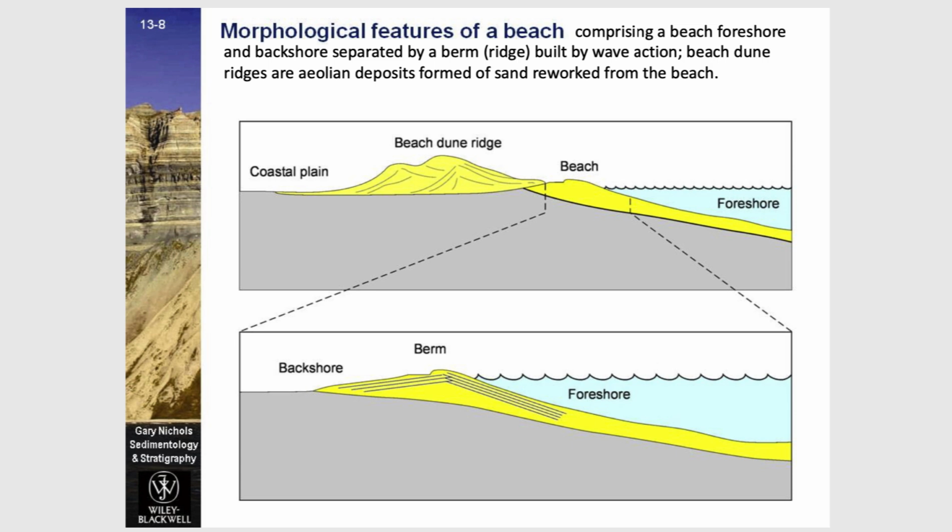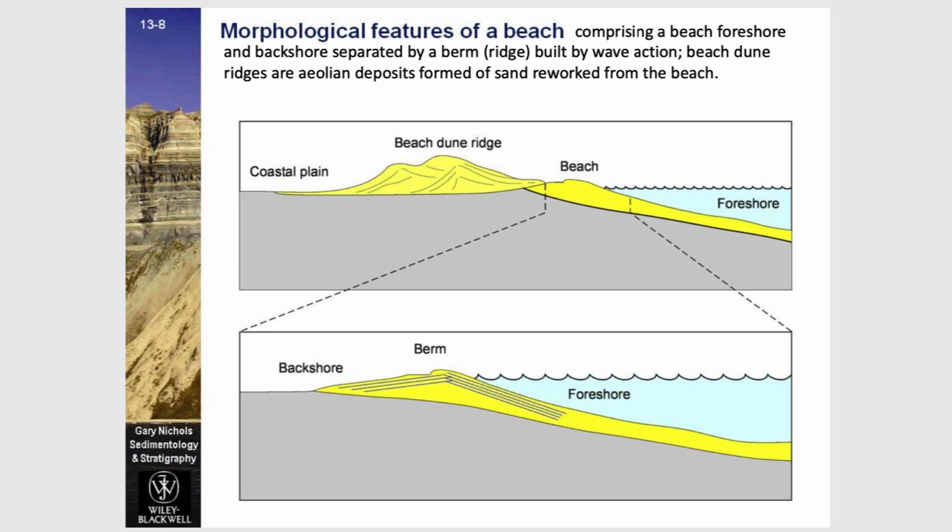So often, if we can recognize cross stratification and deformation of a berm, we can identify the depositional environment that is typical of the foreshore and backshore conditions.